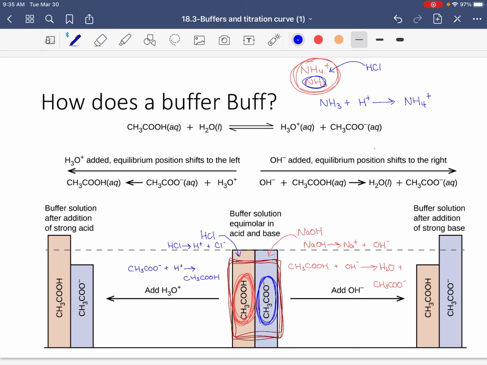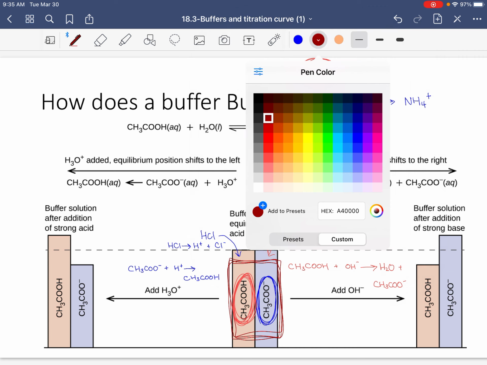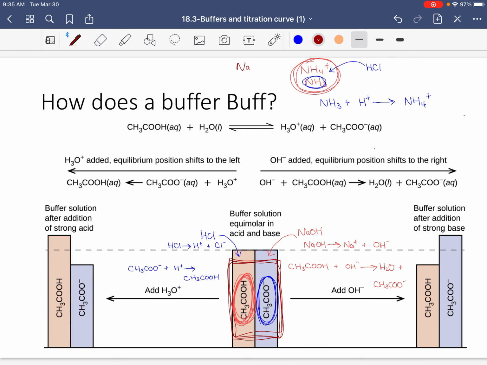All right, and let's say you add sodium hydroxide in here. What would the basic buffer do? Well, now this guy comes into play and says, hey, OH, what are you doing here? I'm going to turn you into NH4OH. Okay. Or in this case, actually, no. It's not going to do that.